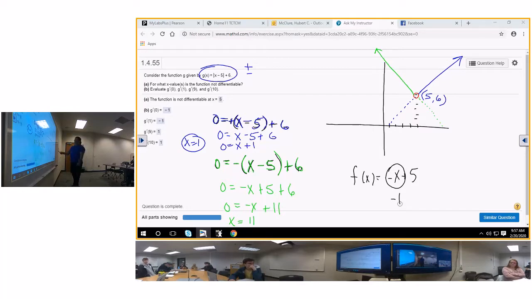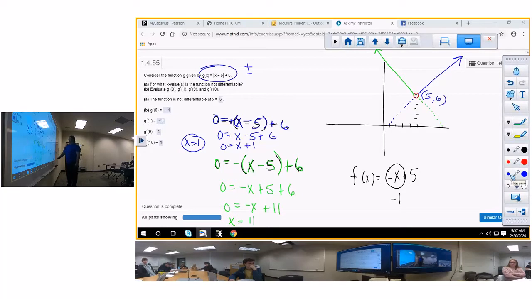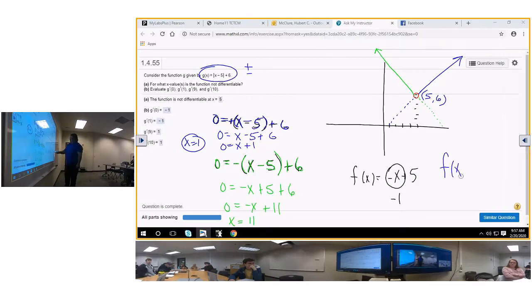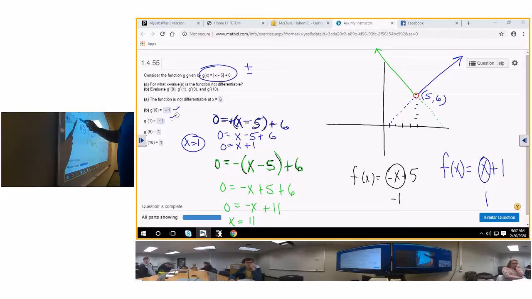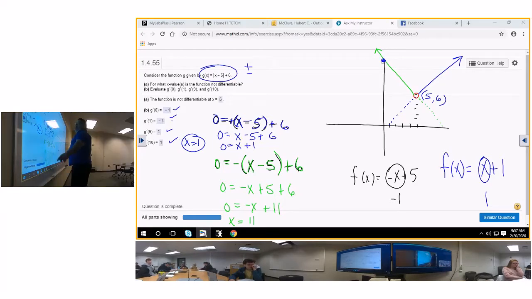And then if you take the derivative of the blue, f of x is equal to x plus 1. What's the derivative of x? 1. So that's why you got two negative 1s here and positive 1s here, because 0 hits the green line, 1 hits what? The green line.